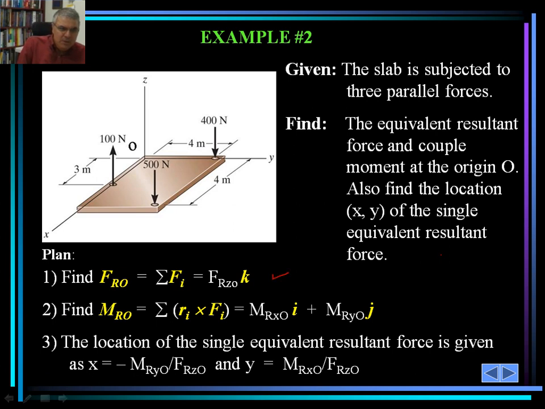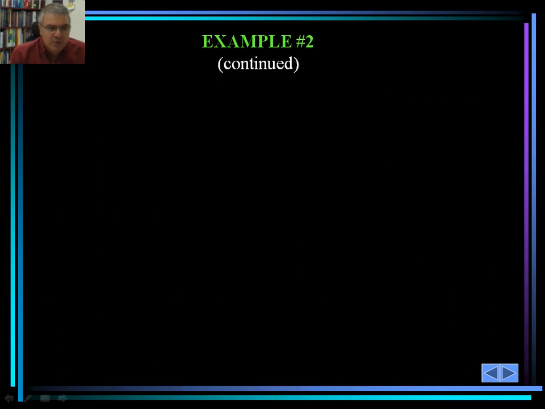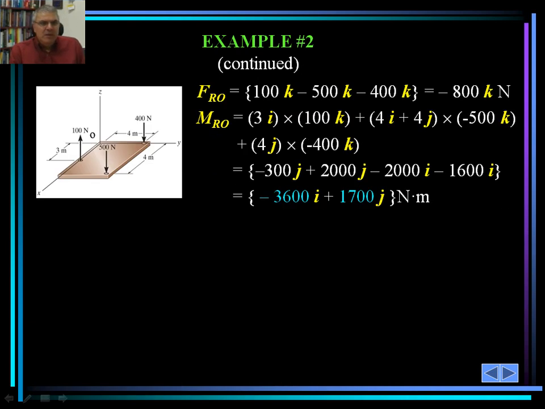Again, we would find the F sub RO, we would find the M sub RO, and in order to find the location of a single equivalent resultant force, we would use the X component and Y component as such, or this is simply the coordinate of the point itself, the X coordinate and Y coordinate of the equivalent force.